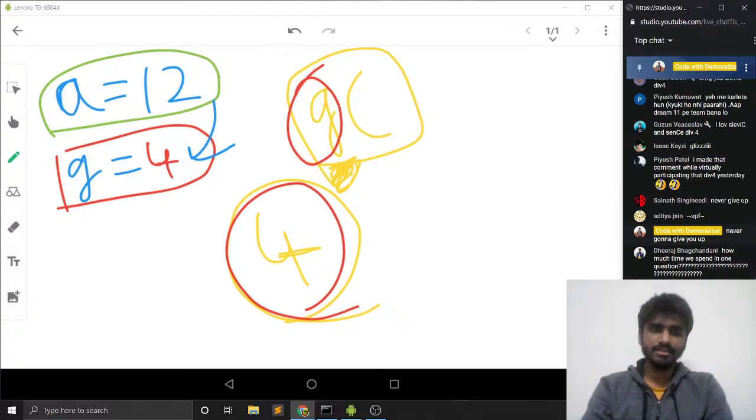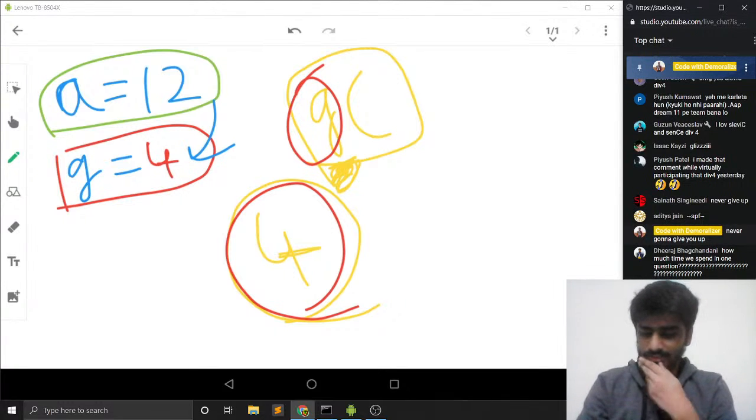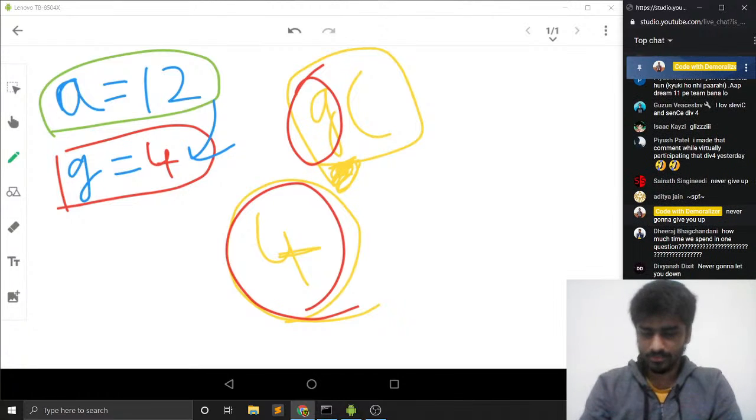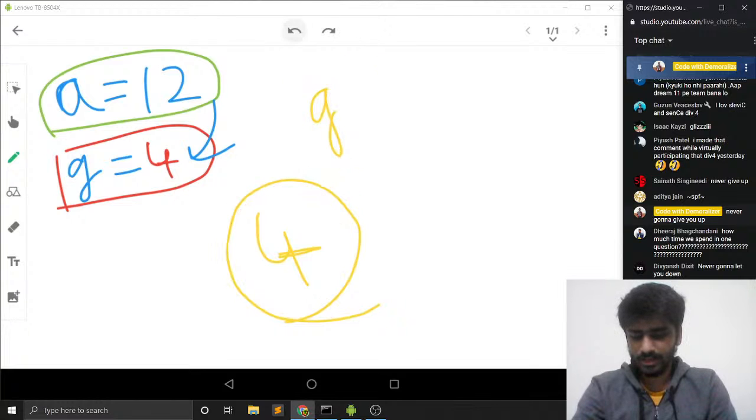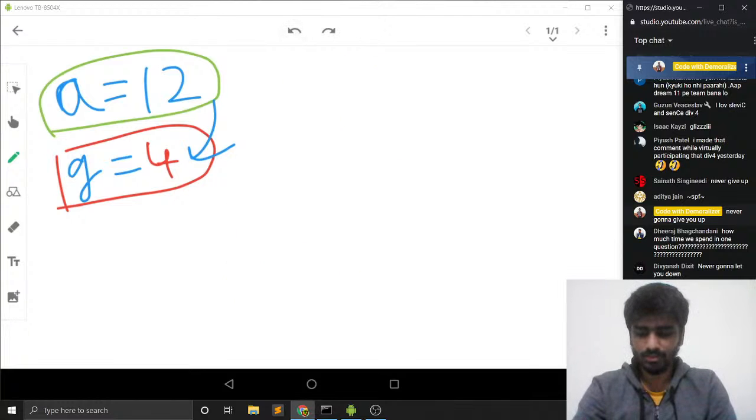Okay, inclusion exclusion is the hint. Yeah, I am thinking about inclusion exclusion, but I'm not getting how exactly it works here. So let's think in that direction properly.